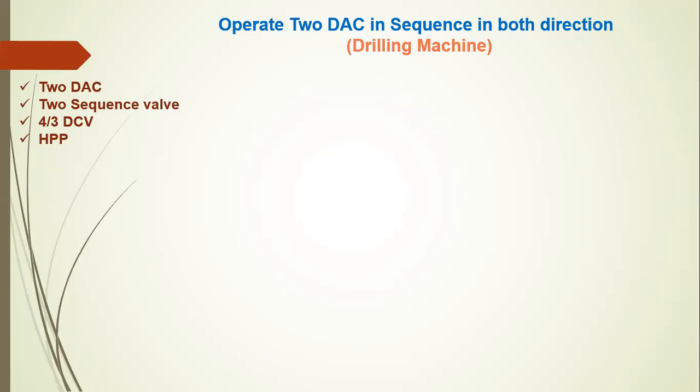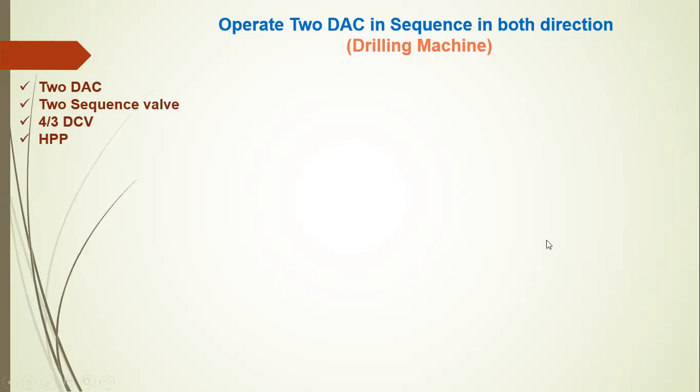But our previous lecture was to operate the furnace door, and here the circuit is for a drilling machine. The working output from the furnace door and the drilling machine are different.